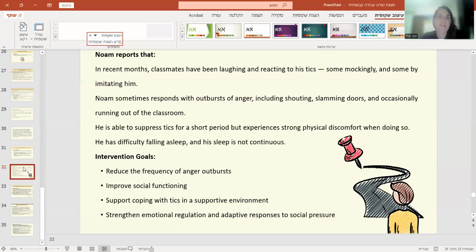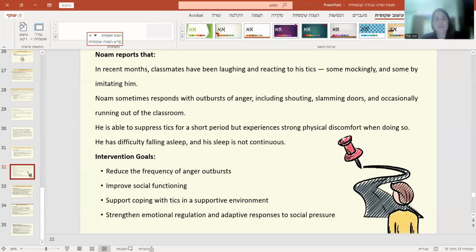Noam reports that in recent months, classmates have been laughing at his tics, some mockingly and some by imitating the tics. Noam sometimes responds with outbursts of anger, including shouting, slamming the door, and running out of the classroom.